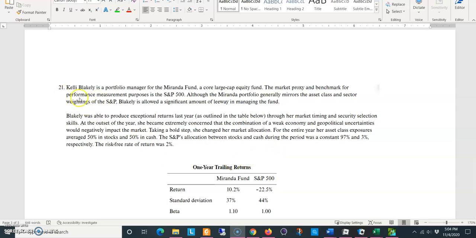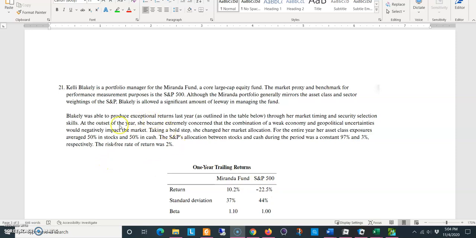So now let's work through another problem. Here's an example of a portfolio manager who's managing this fund, and the benchmark in this example is the S&P 500. The fund's return was 10.2%, while the S&P was minus 22.5%.